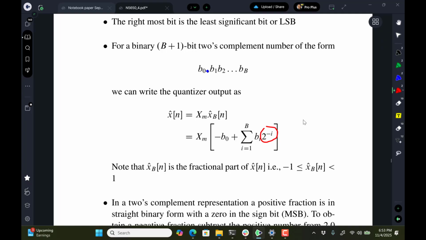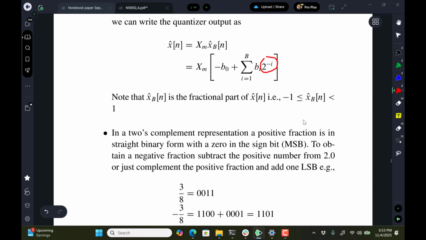So our range in this model is minus 1 up to 1 quantization level less than 1. That's just because of, again, the mid-thread idea on the quantizer.